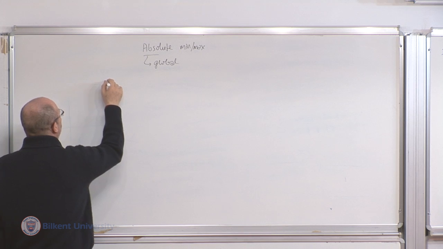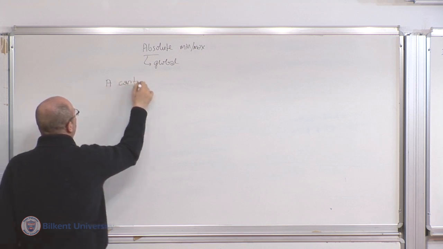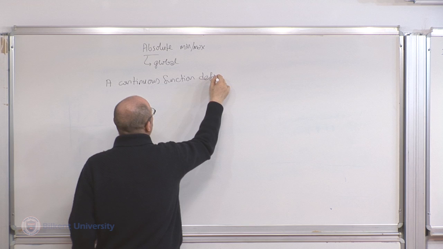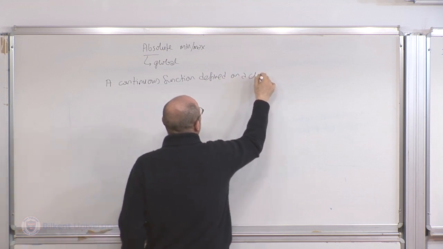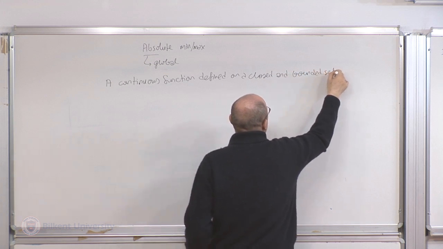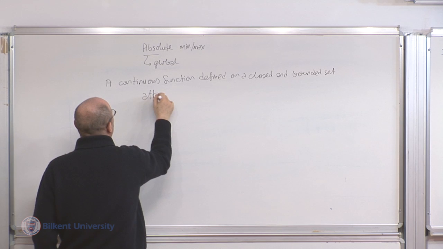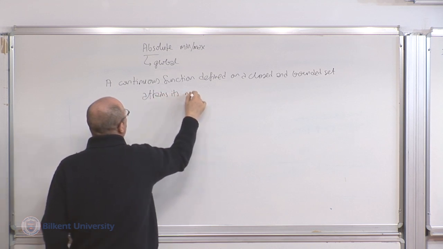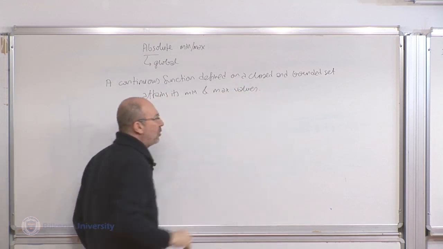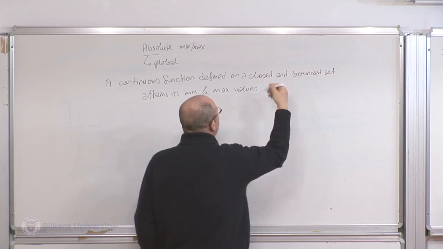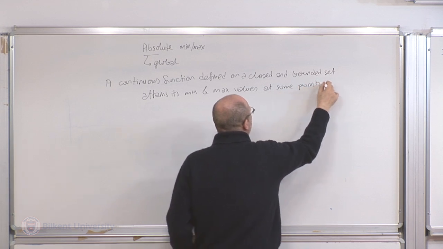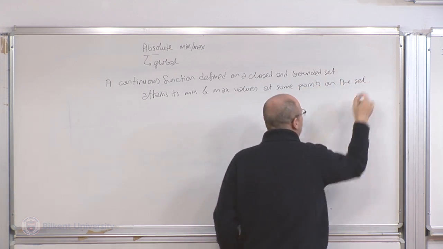The main tool is the following: a continuous function defined on a closed and bounded set attains its minimum and maximum values at some points on the set. Let me emphasize this: at some points on the set.